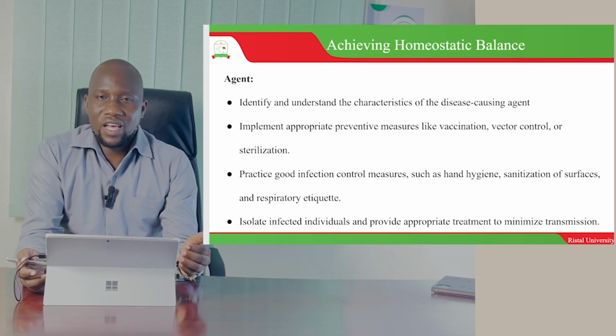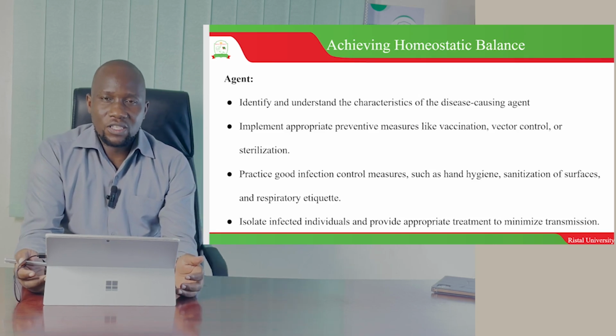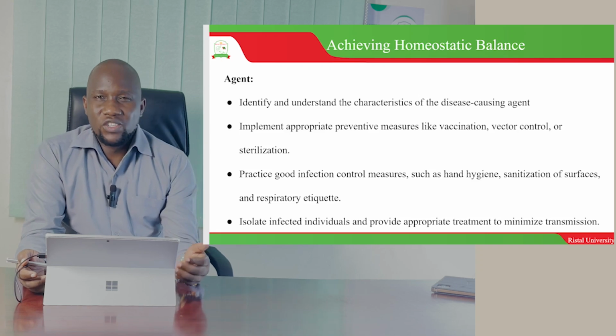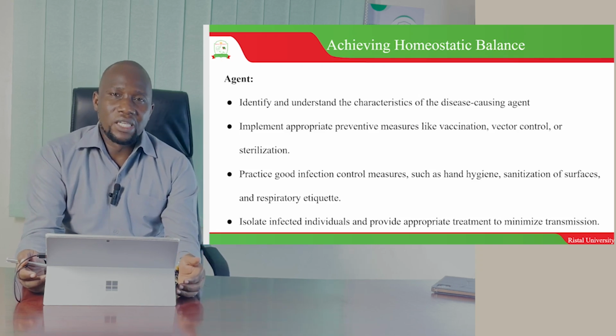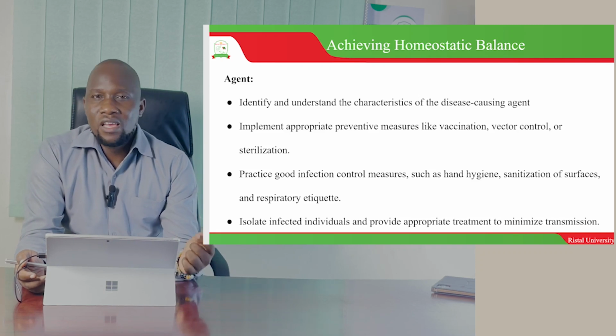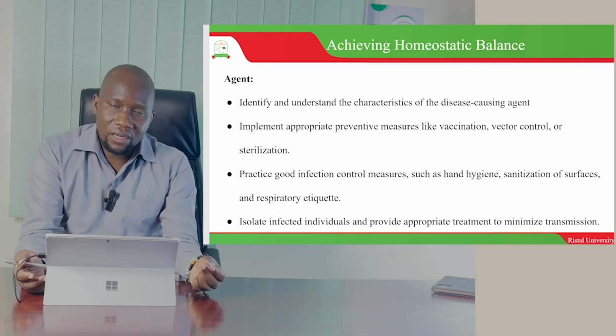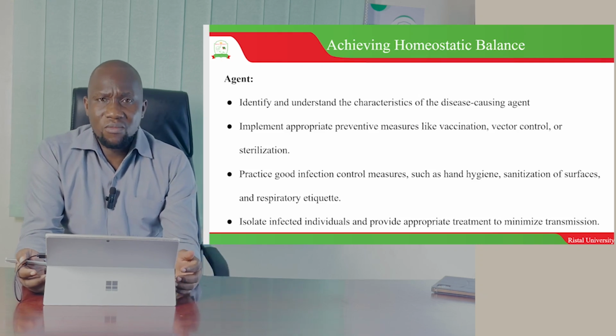So we need to know the habits of this mosquito, the female Anopheles mosquito: where does it breed, at what times can it bite, what chemicals can repel this mosquito, and a number of things.